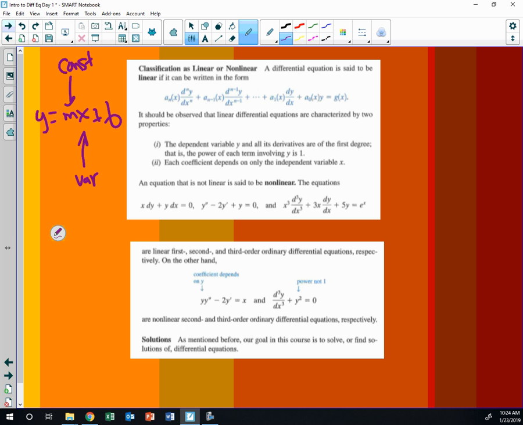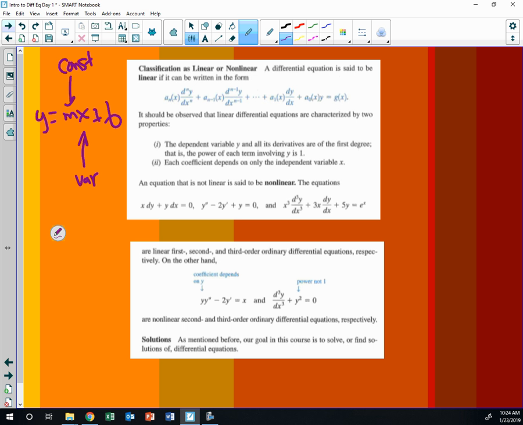And whenever you mix more than one variable, for example, these are linear, x dy, y dx. Y looks like a double prime there, so it'll be the second derivative and so on. These are going to be linear, and nonlinear is if you have something other than a y prime, instead of an x, you have like a y next to it, or a y squared, y double prime.